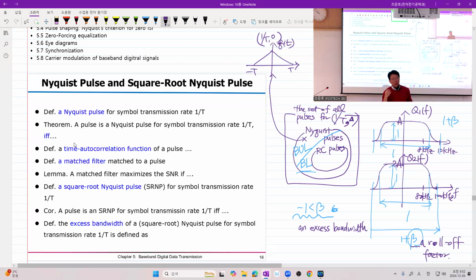In that case, I say W is the bandwidth in the strict sense. However, some people use RMS bandwidth, root mean square bandwidth, or 3 dB bandwidth, noise bandwidth, or null-to-null bandwidth. There are many different definitions of the bandwidth of a signal, so be careful.